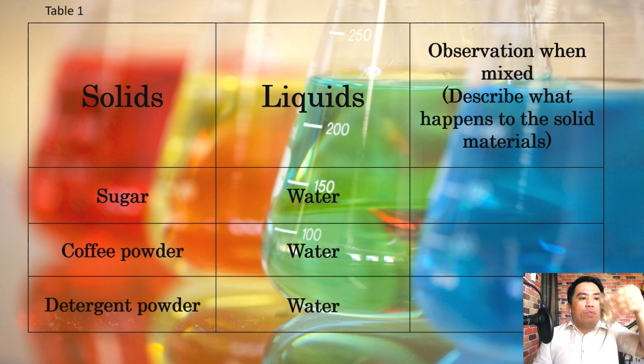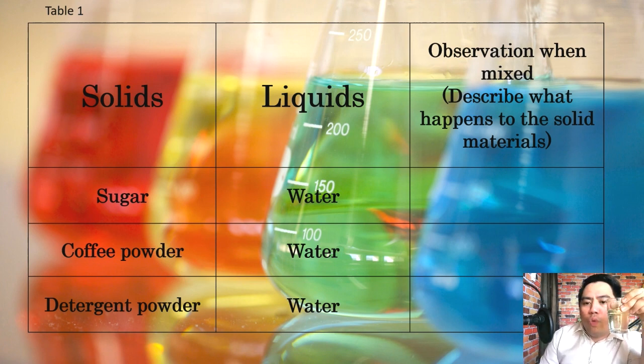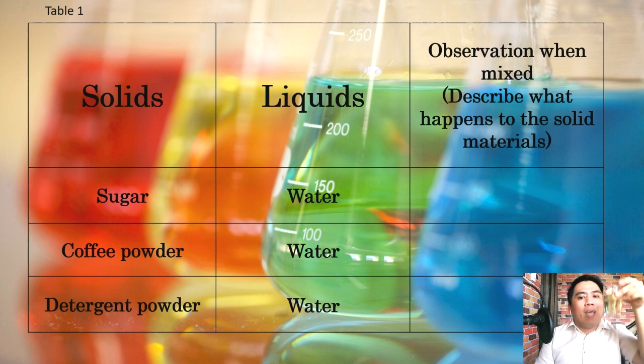So, observation when mixed. Describe what happens to the solid materials. So, let us observe the sugar in our glass A. What do you think happens to the solid particles of sugar? Did the water able to dissolve the sugar? Okay, so as I observed, the sugar was dissolved in water. Okay, how about the coffee powder? Okay, so the coffee was also dissolved in water. How about the detergent powder?